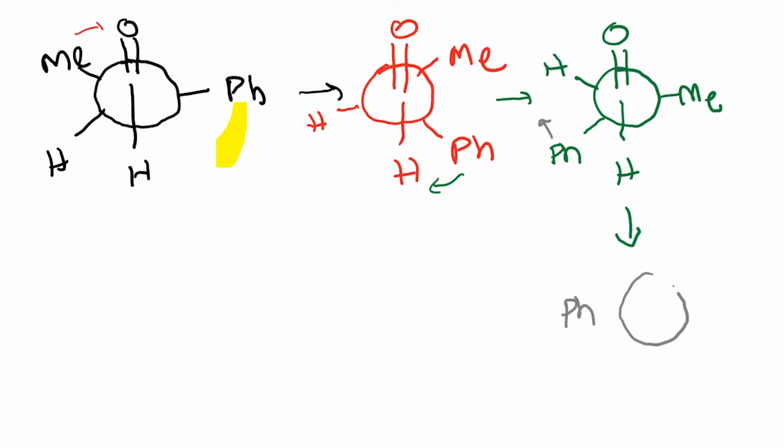Okay, so this time the phenyl ring is now perpendicular. Sorry, let me just draw out the C double bond O, H. The phenyl ring is perpendicular. The methyl is down. So remember that the methyl goes down here, and then the hydrogen moves up close to the carbonyl. Okay, we have a couple more rotations to do before we get back to the original compound, and so let's do that.